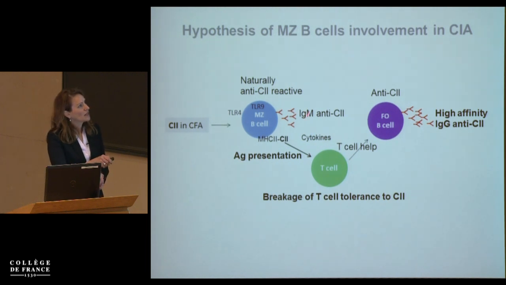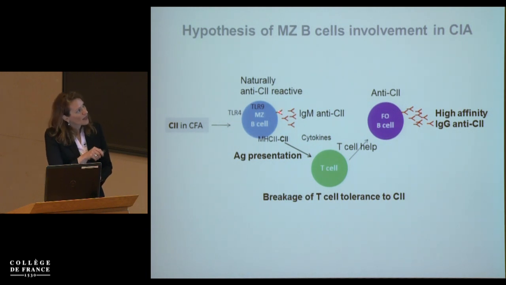They will secrete antibodies against collagen. They will upregulate molecules like B7-1 and B7-2, and these are molecules very important when a cell wants to interact with a T cell. So with this MHC class 2 molecule, another molecule which is crucial for the interaction with the T cell, they can then present pieces of collagen to the T cell. And this is what we call antigen presentation.